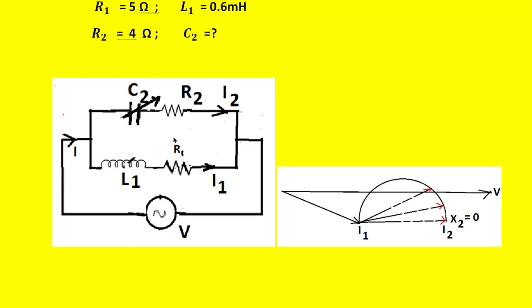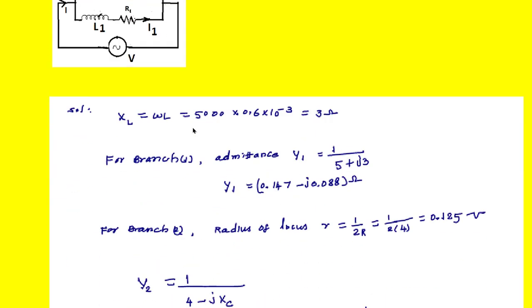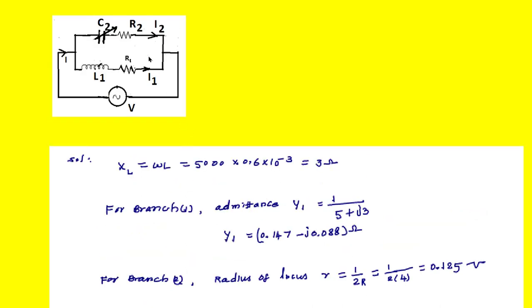Sometimes it may not be possible to get the resonance, so we have to see for this case. So let us first take the fixed branch, that is the fixed values branch.